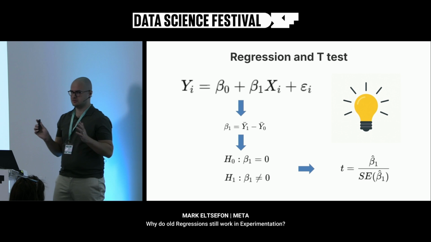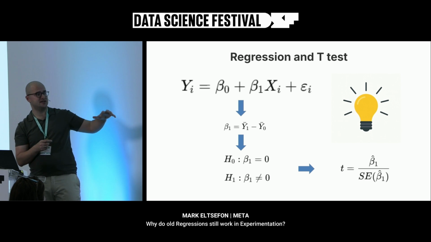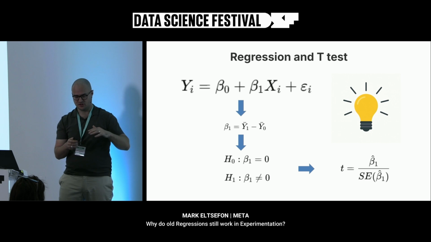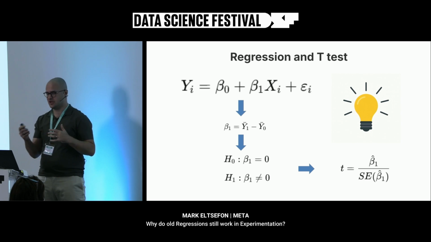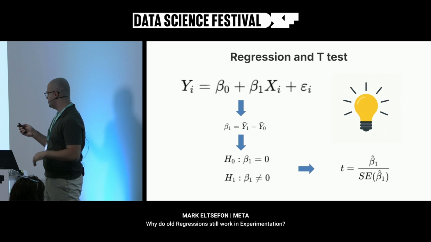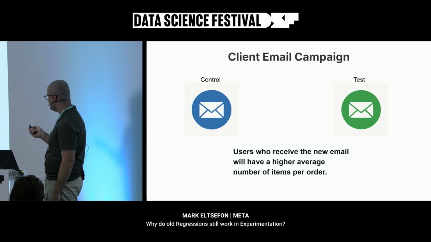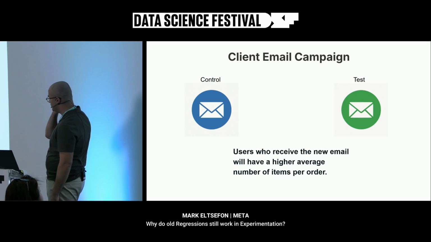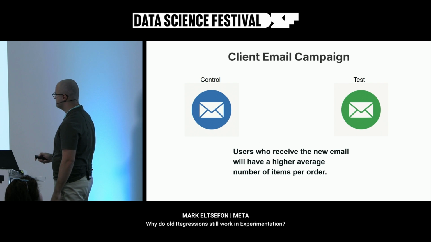So that's good, but what does it give us, right? It gives us an opportunity to add some covariates to try to explain the variance. And yeah, from my perspective, it's always easier to take a look at an example. In our example, we are going to run a client email campaign.